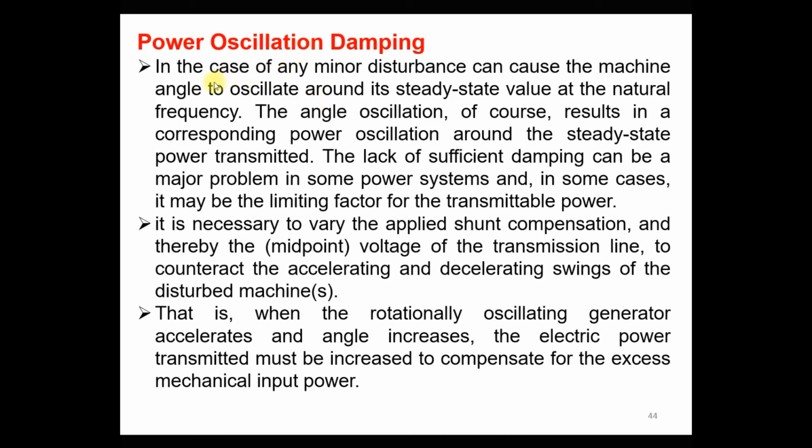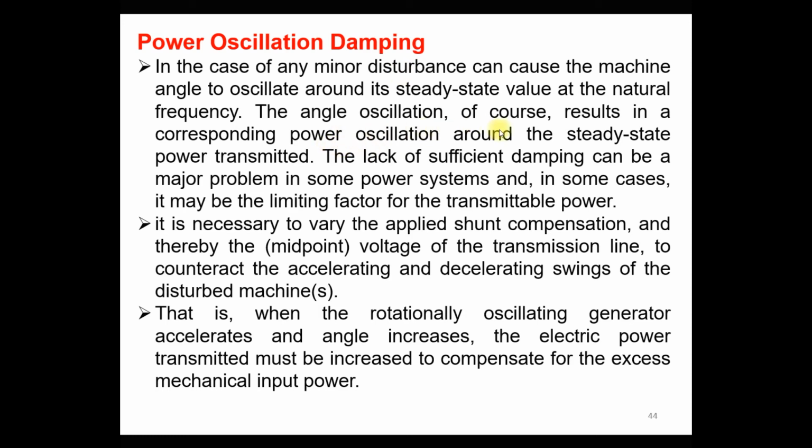Power oscillation happens because of a minor disturbance, and because of that the machine angle oscillates around its steady state value at the natural frequency. Because of the angle oscillation, your power also oscillates, because power depends upon the angle of the machine. As the angle oscillates, the power oscillates.